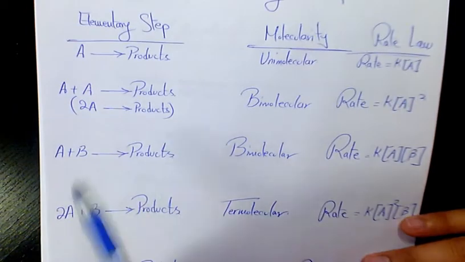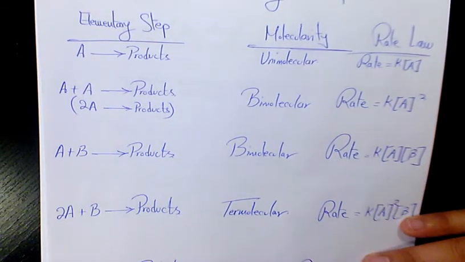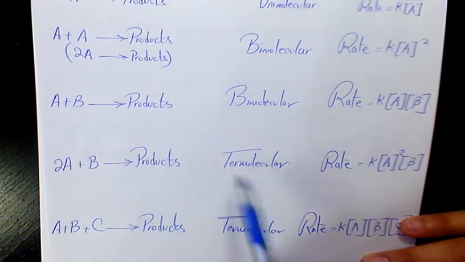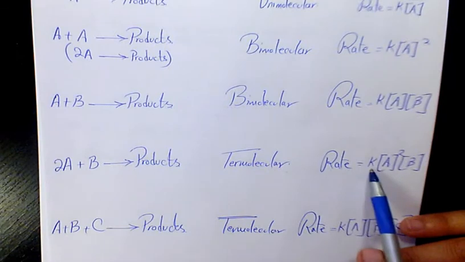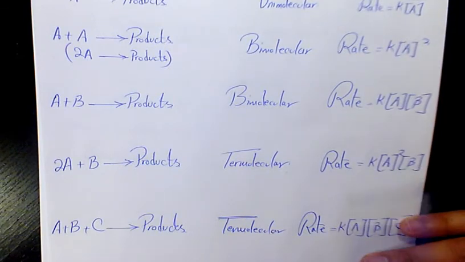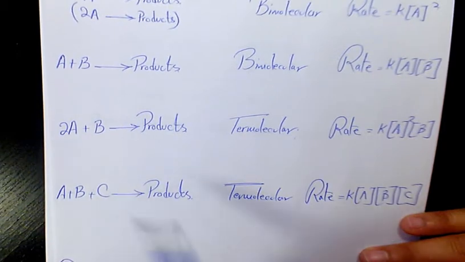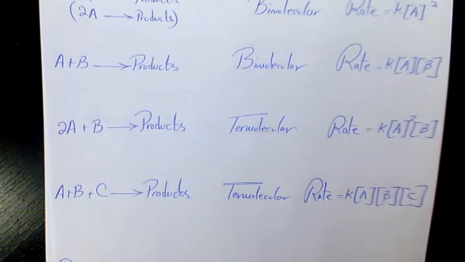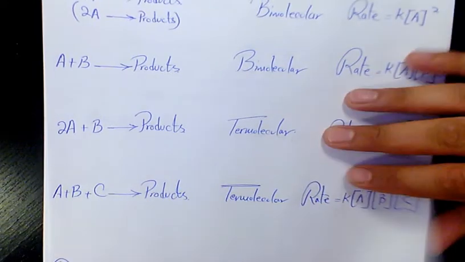A plus B gives products, bimolecular, so the rate equals k times [A] times [B]. 2A plus B gives products is termolecular because we have three of them. So the rate is k times [A] squared times [B]. And finally, when we have A, B, C, three different reactants, again termolecular, the rate is k times [A] times [B] times [C]. As you saw, the last two are rare.